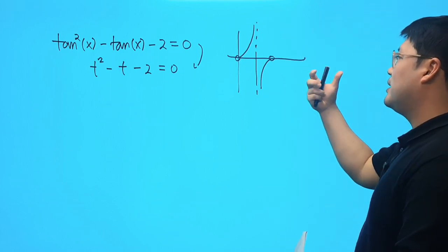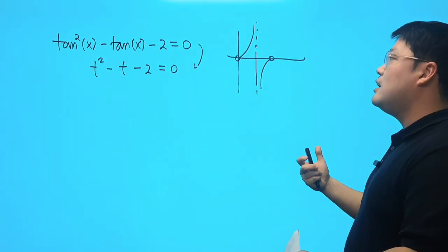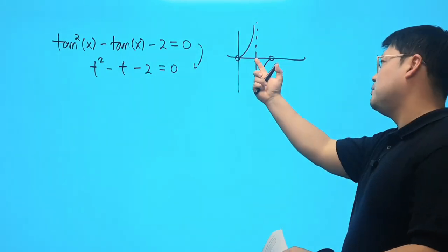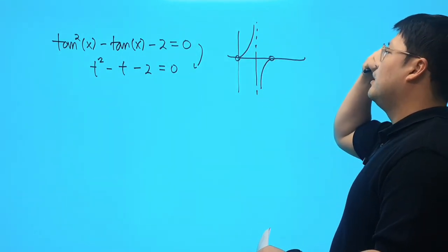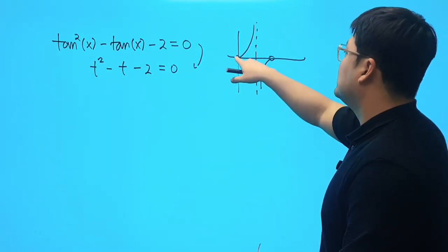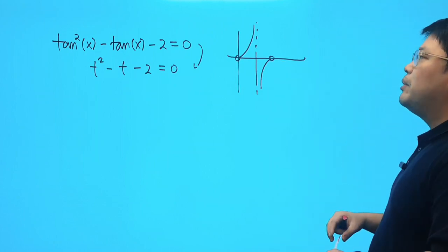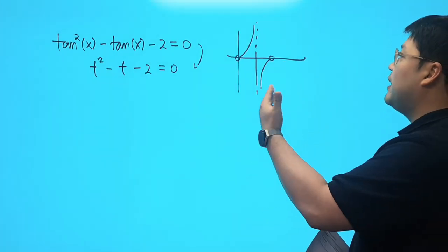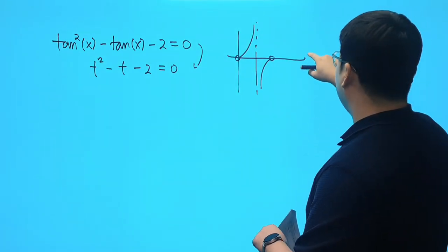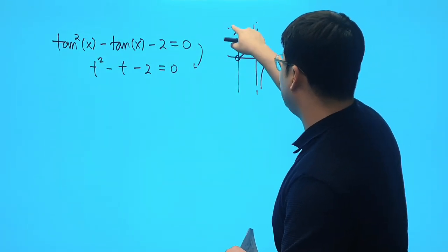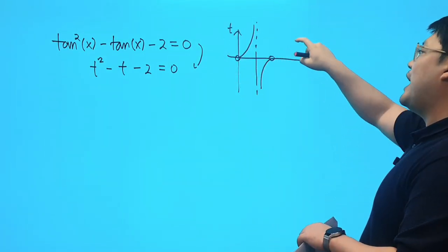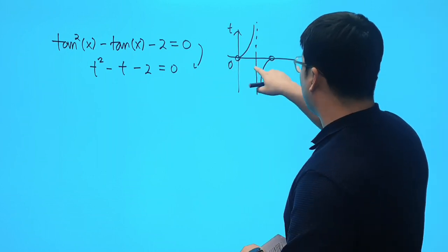And of course, there's some part that is undefined, at x equals pi over 2. But other than that, we're fine. So we have x, and this is going to be t. We have this weird looking graph from 0 to pi.